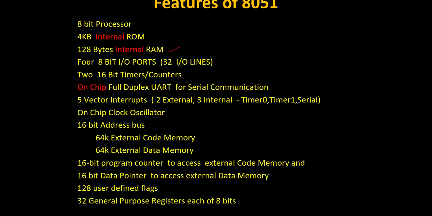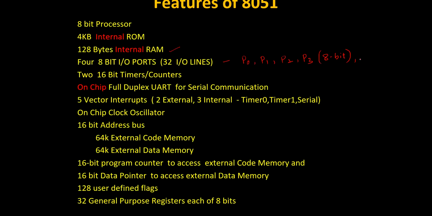And we have four 8-bit IO ports. Let's say P0, P1, P2 and P3. Each has 8 bits, all ports are 8-bit.